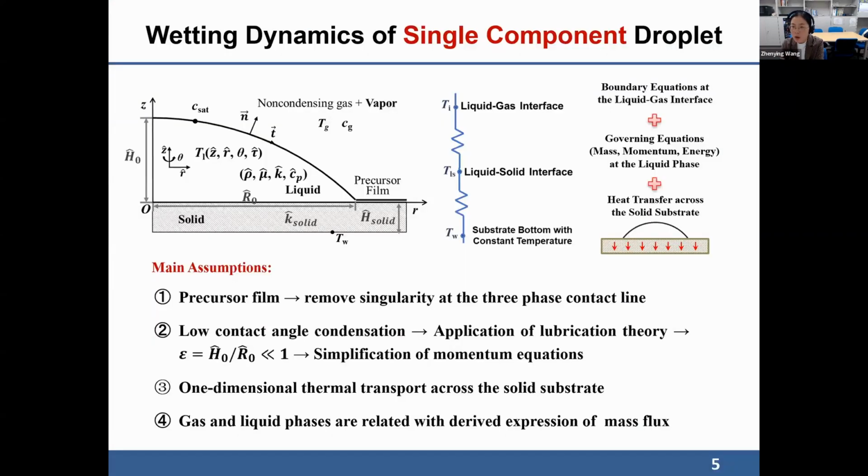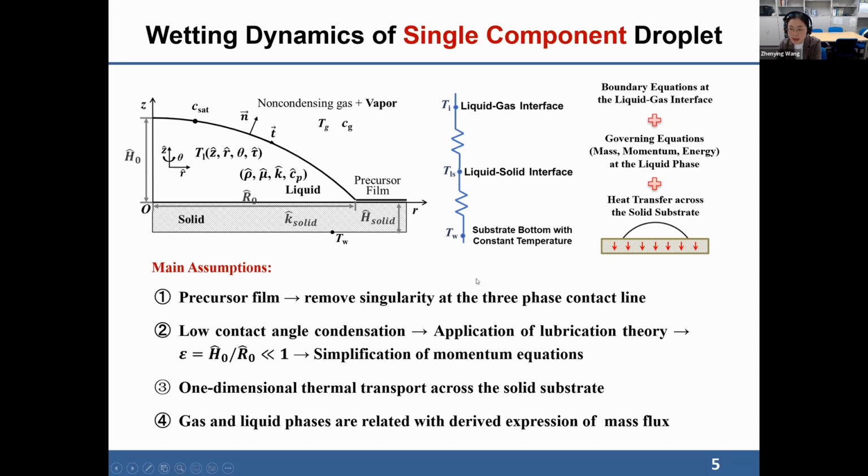With this goal, the first thing we do is establish a numerical model. This is a model of a single component droplet. Especially, we consider the boundary equation and the liquid-gas interface, the governing equation in the liquid phase, as well as the heat transfer across the solid substrate.